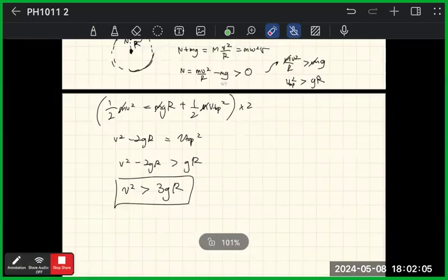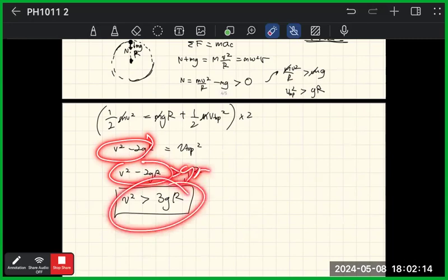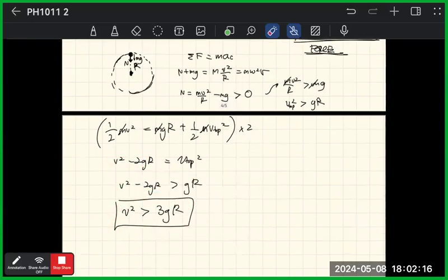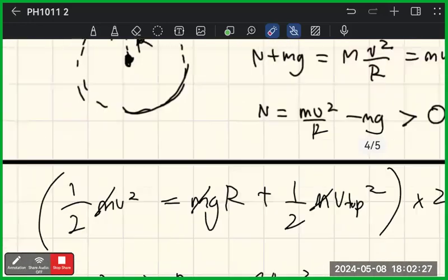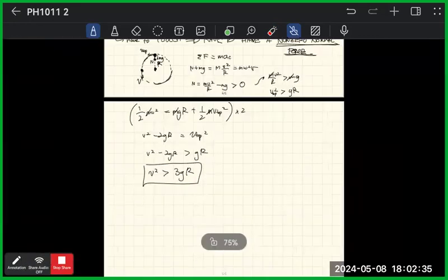You just substitute v top squared by v squared minus the potential term, so v squared minus the term is larger than gr. Notice that v here is the velocity at this point, not on the top, because on the top I represented it as v top squared. So I'll write this as v, and this as v top. That's how you do this question.